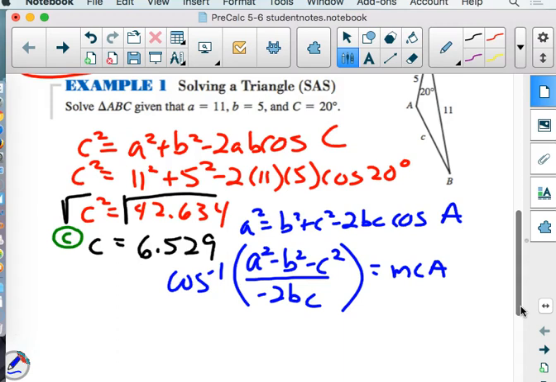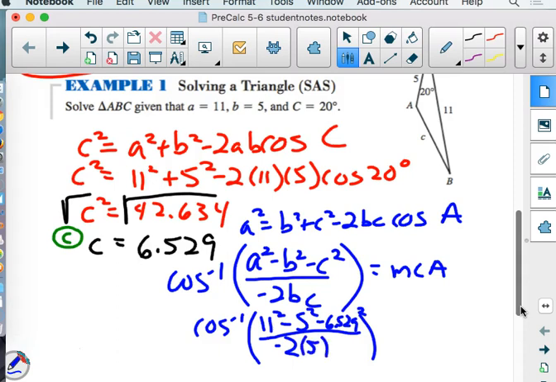So now we'll go put stuff in. So we need the inverse cosine, A squared, so 11 squared, minus B squared, which is 5 squared, minus, and here's where we're going to have to use our stored numbers, 6.529 squared, all over negative 2 times our B value of 5 and our C value of 6.529.